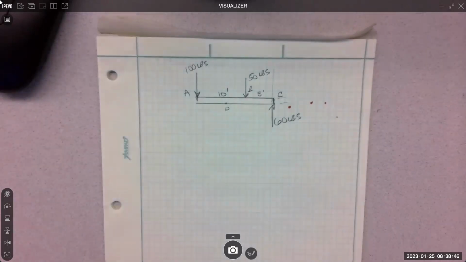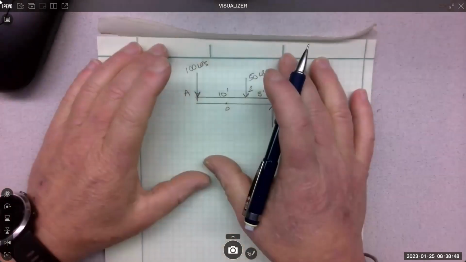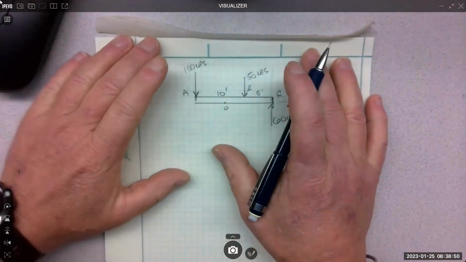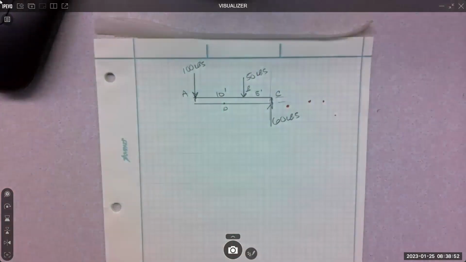All right, so in order to find the resultant, we do a couple things. We have to collect all the translational effects first. We did that last chapter. That's the up and down and the side to side. That's not rotation, right? What do we have in the X direction for forces?